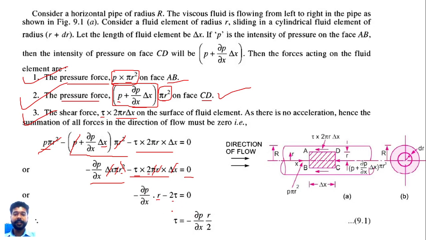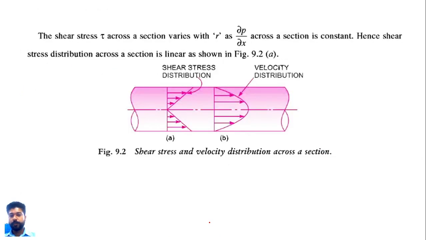So we can write that tau equals minus del P upon del x into r by 2. Here is the equation for the shear stress, del P upon del x r upon 2. The shear stress tau across the section varies with r, the radius, whereas del P upon del x across the section is constant.